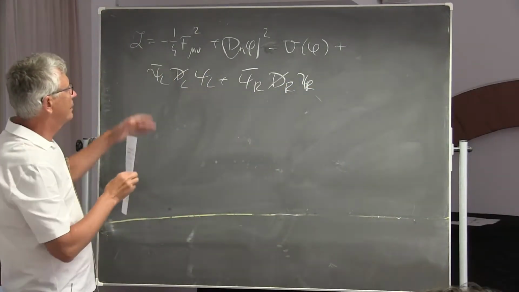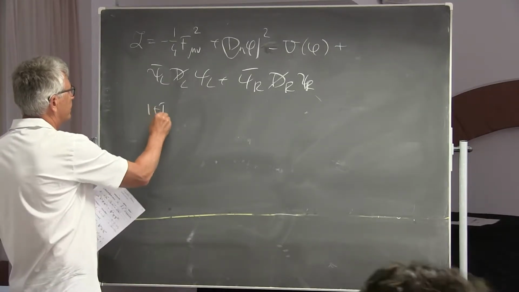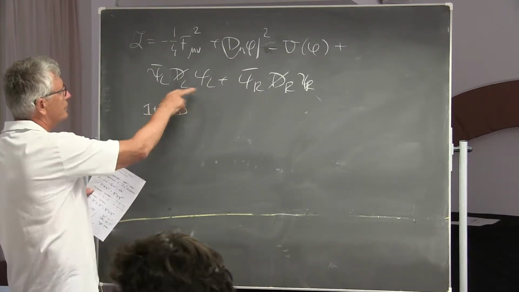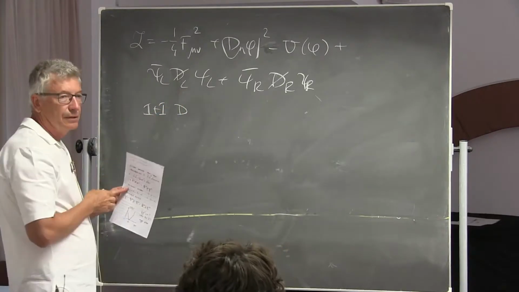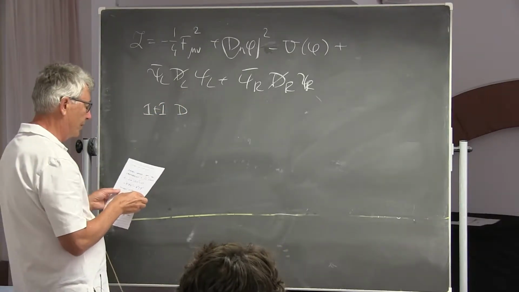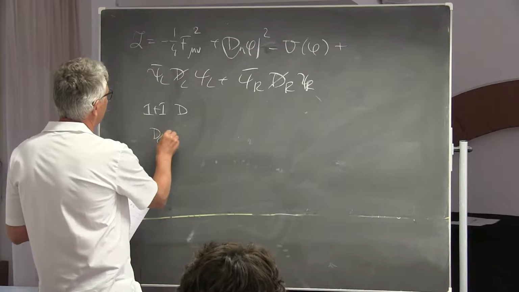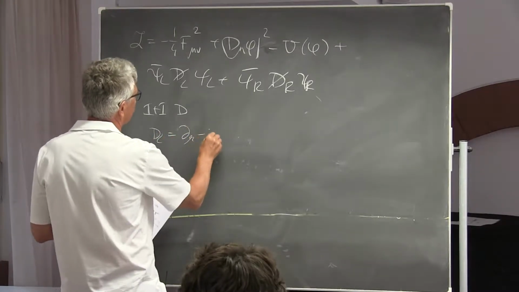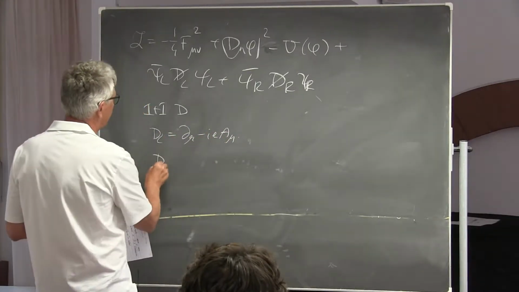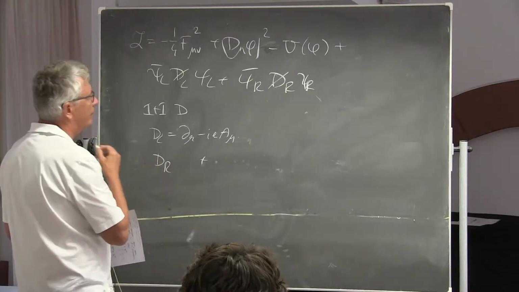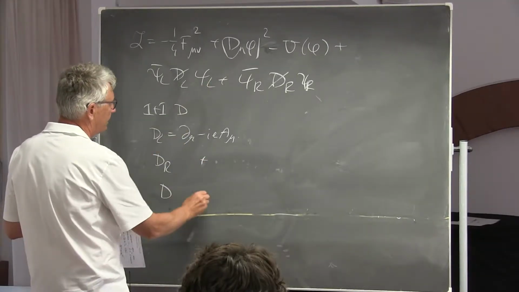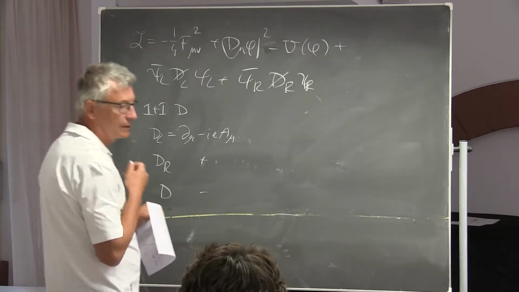Okay, so this is the Lagrangian in 1 plus 1 dimensions. This is the left and right field in 2 dimensions. D left is d mu minus a mu. D right is the same with the plus sign, and d for the scalar is with the minus sign.